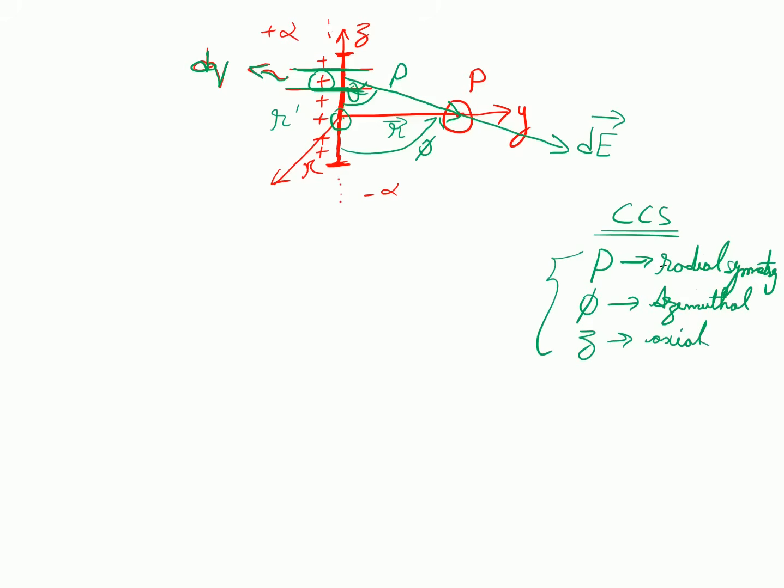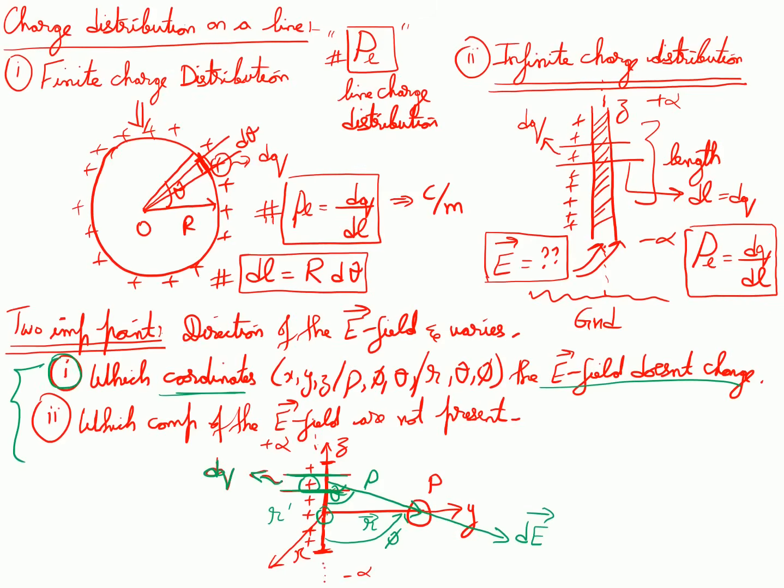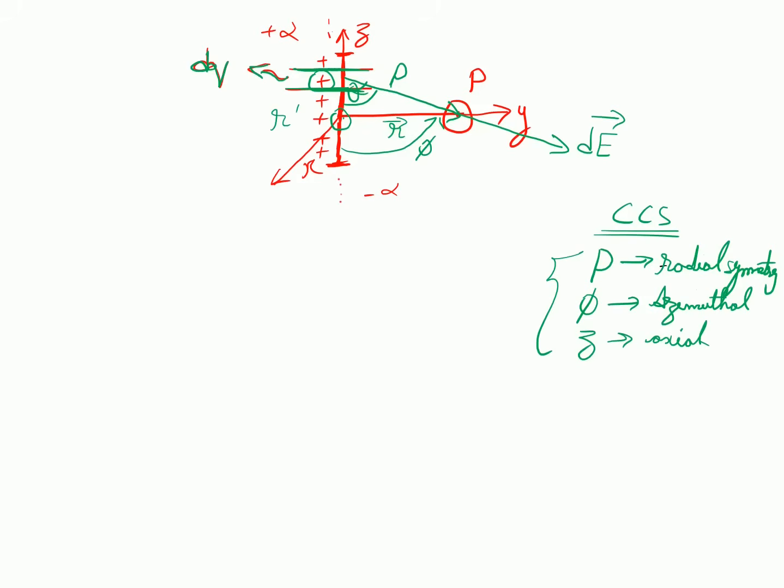So let us do 3 scenarios to validate the first point, which is over here. In the first scenario, we vary phi, or we move the object around the phi while keeping rho and z value constant.